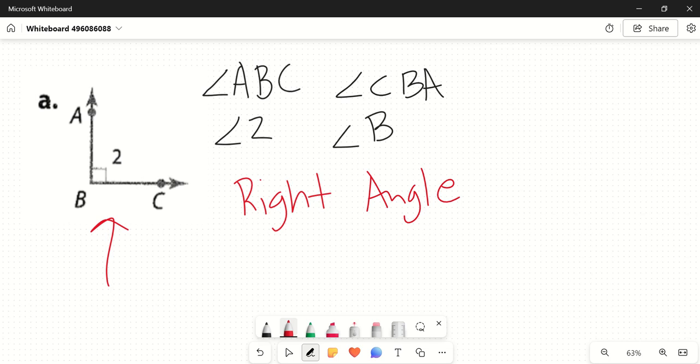How would we show our work then? This is sufficient. If you want to do it that way, then you would point to that and put right angle, point to this and do angle 2, point to those 3, and then give me angle ABC and CBA, and then point to that one and give me angle B. That should be fine. If that helps you memorize it for your stuff, that's good.